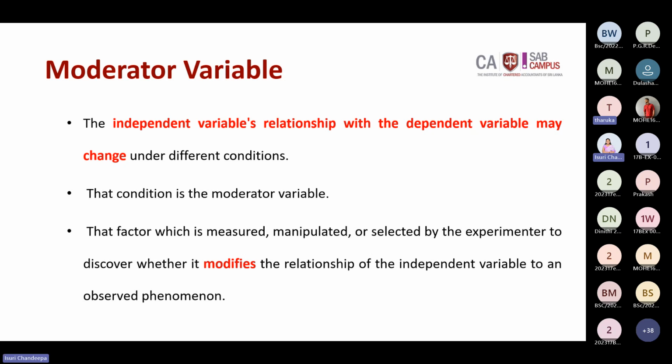All right. So then we'll start with the moderator variable. There is another variable called moderator. As the name implies, what is the main role of this moderator? It modifies the relationship between the independent variable and the dependent variable.